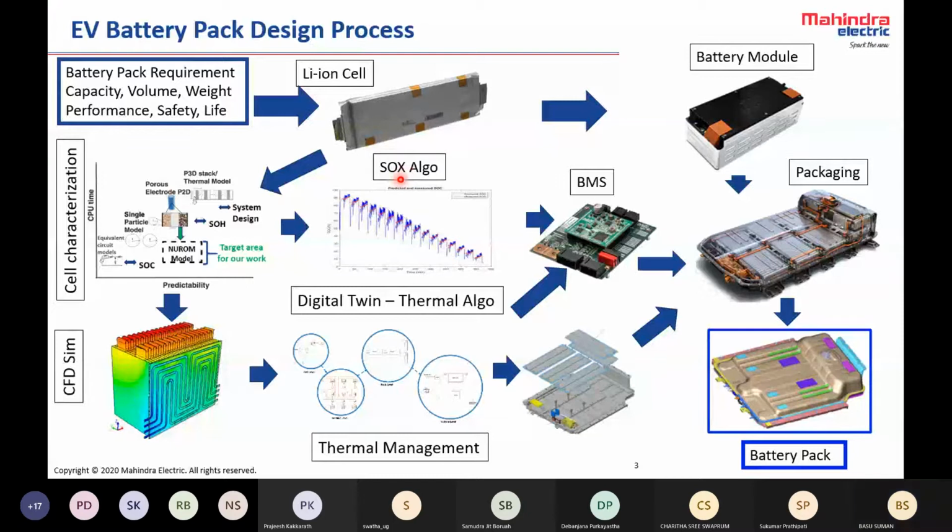So this is basically the complete battery control algorithm. It will tell you what is the charge available in the battery, how much power you can draw from the battery, and what is the health of the battery. This information also gets coded into the battery management system.